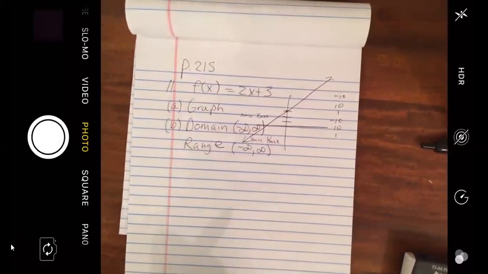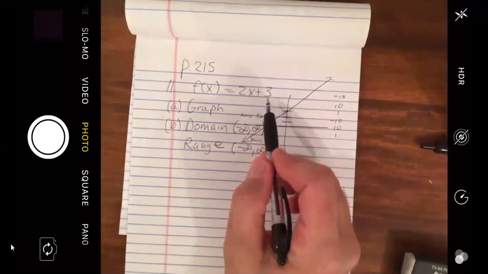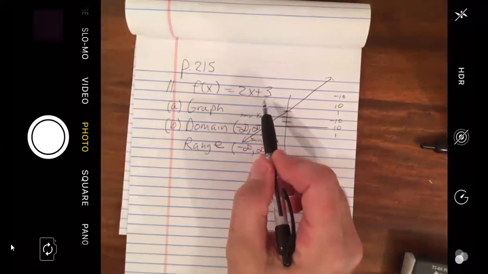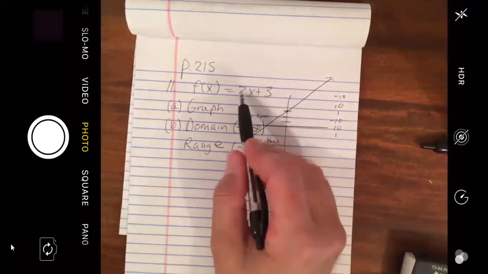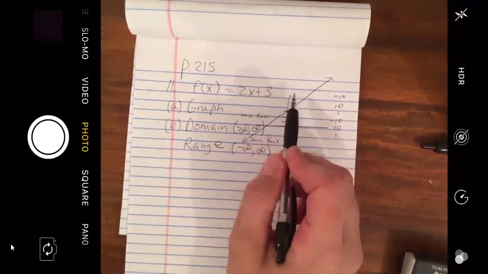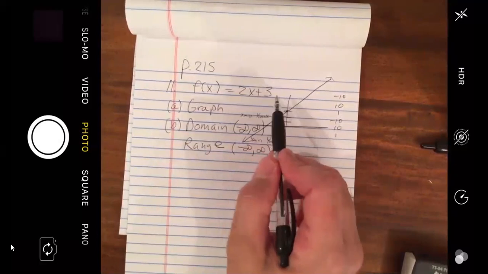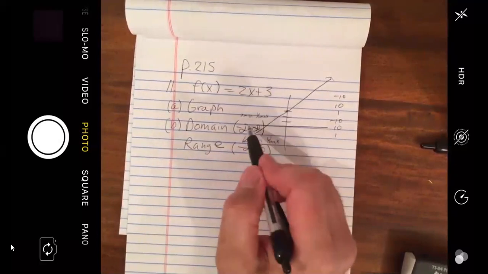Questions about that? No, sir. Okay. In effect, we talked about problems. Problems are square roots and fractions, and you don't have any square roots or fractions here, so no problems. Formulas with no problems have this domain.